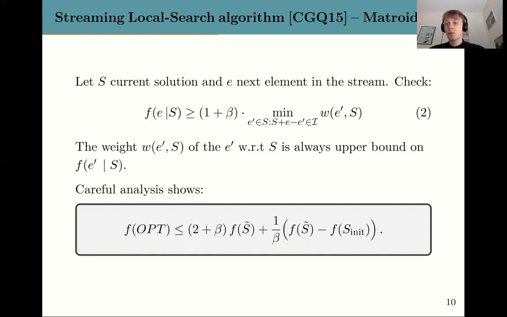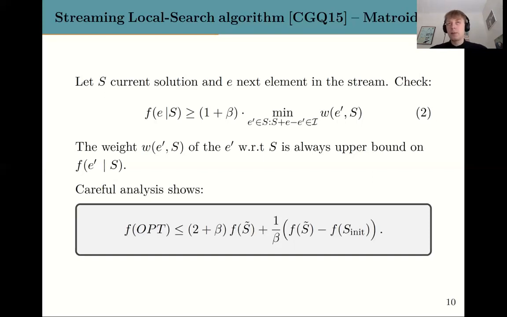Note that this W of E prime, S is not the marginal contribution of E prime with respect to S, but an upper bound on its actual contribution. This is necessary because we are looking at the problem in the single-pass or multi-pass streaming setting.